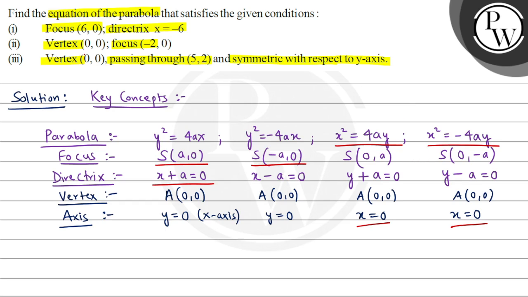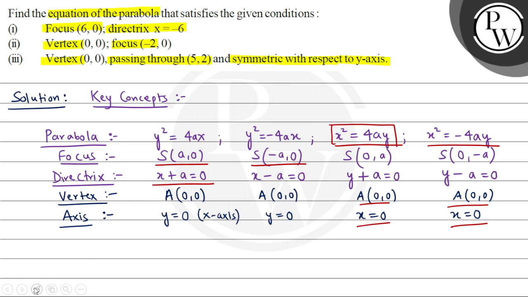The vertex is the same for both, so we will find the equation using the point that lies on the parabola. We will use this equation and put the point in it to get the required equation of the parabola.